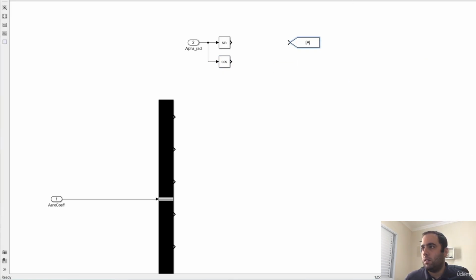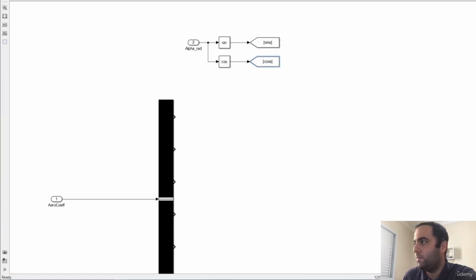This one I'll call sinA, to remind me of sine of alpha, and this is going to be cosA, the cosine of alpha. Okay, so as we saw, let's create our body coefficients vectors now.